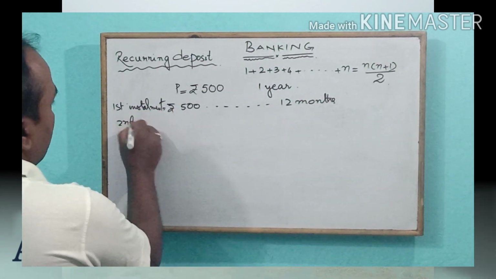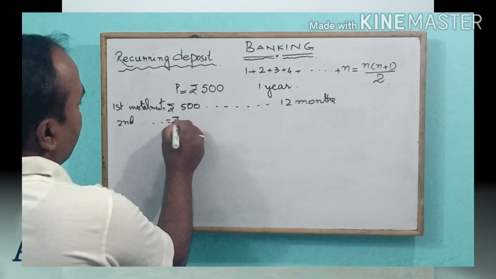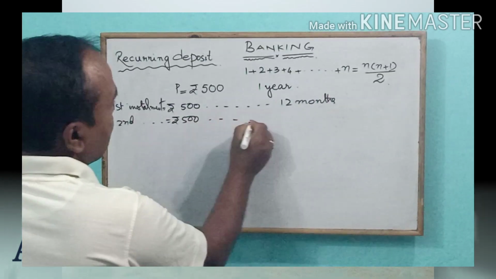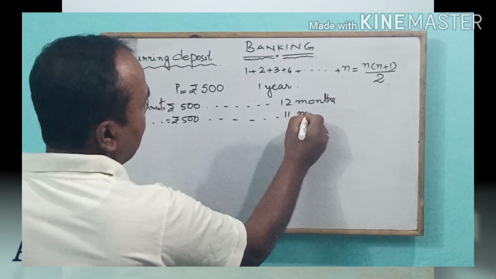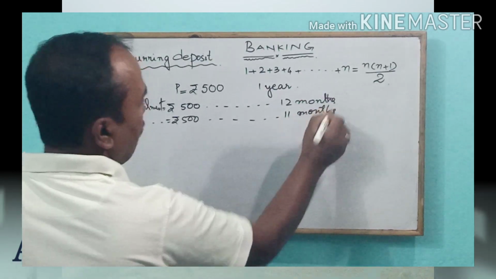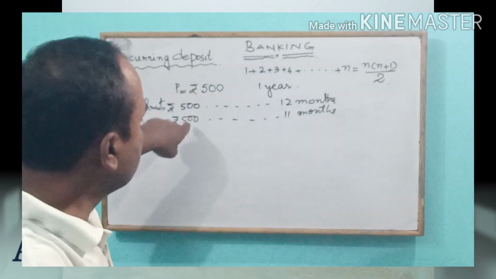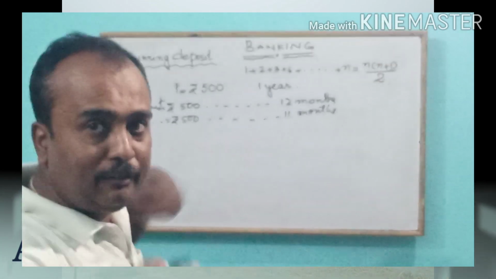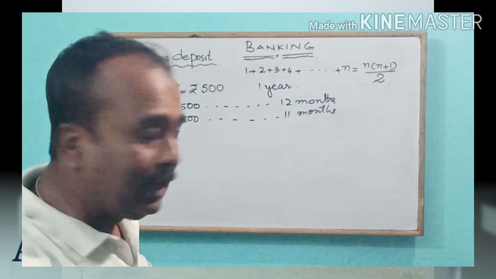Second installment, again rupees 500, which is kept in the bank for 11 months, because he has not paid 1000 rupees at the beginning. He has paid only 500 rupees, and that money will be there with the bank only for the coming 11 months.